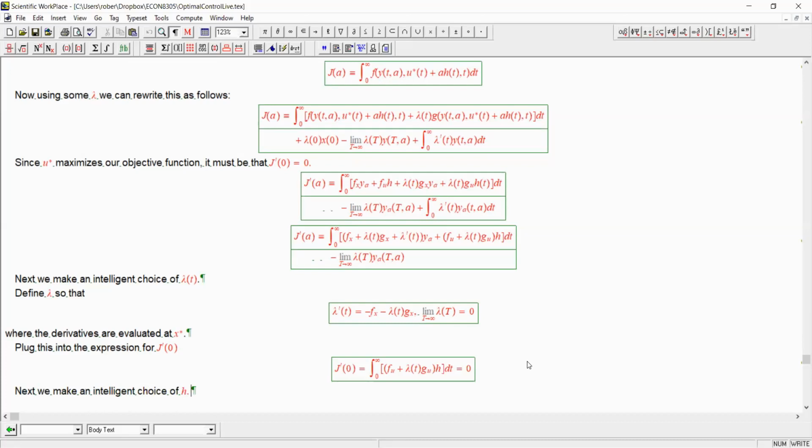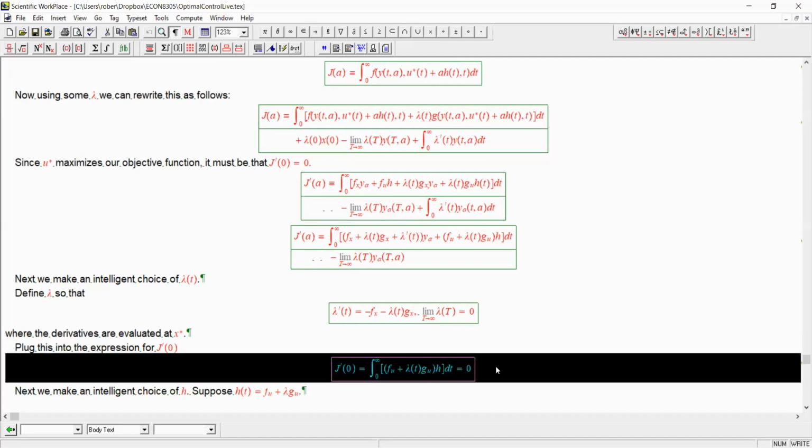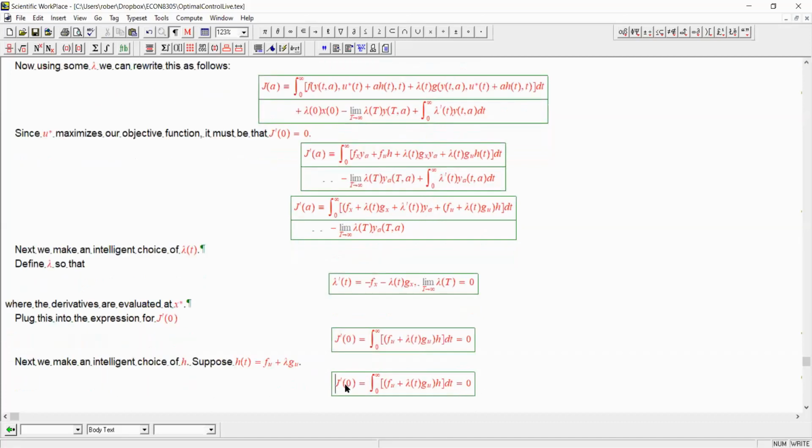In particular, suppose that h of t equals f sub u plus lambda g sub u, all evaluated at x star and u star. Then this condition becomes, well, notice that this is the same as what's in here.